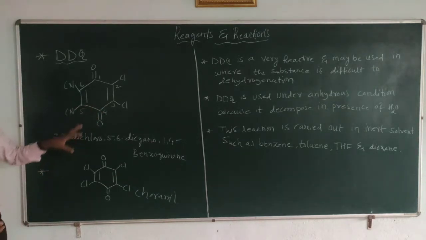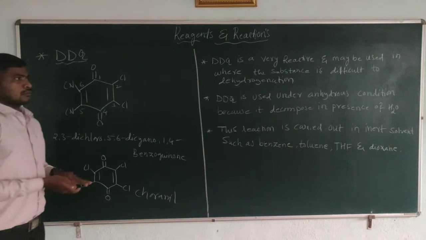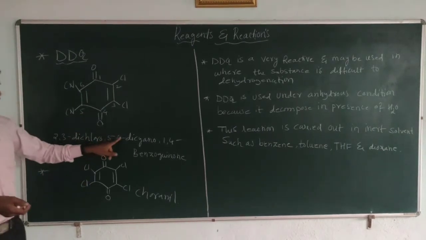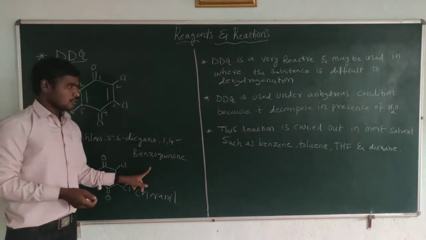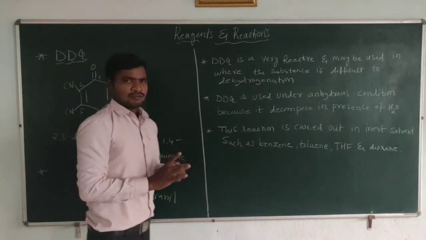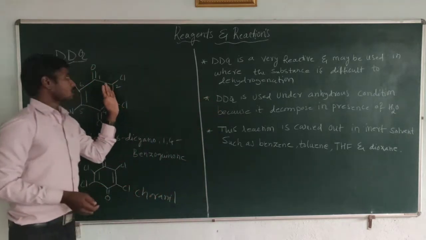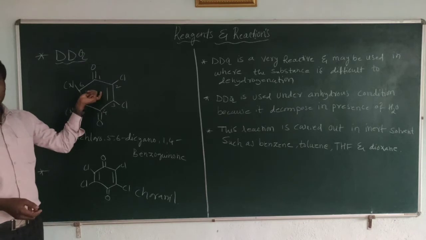So in this video we are going to learn about the DDQ molecule, that is 2,3-dichloro-5,6-dicyano-1,4-benzoquinone. Then some of the properties of this molecule: it is a strong dehydrogenating reagent.